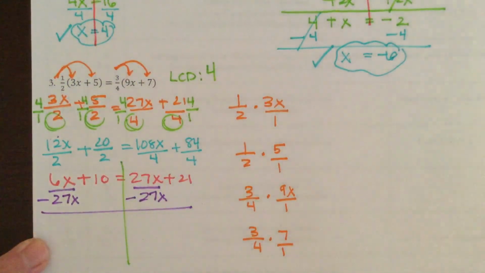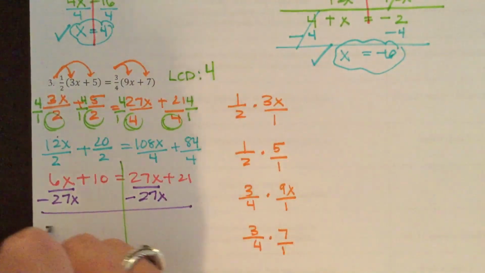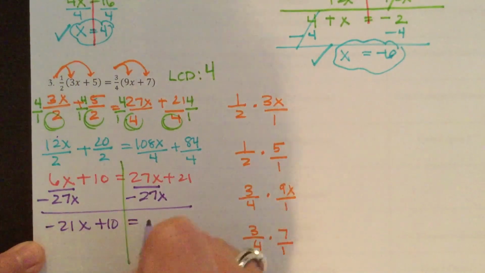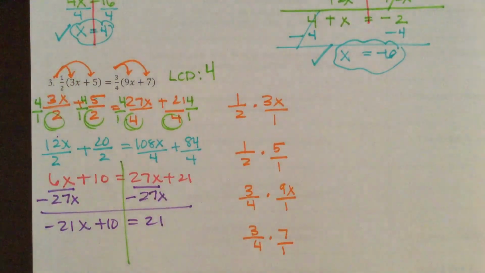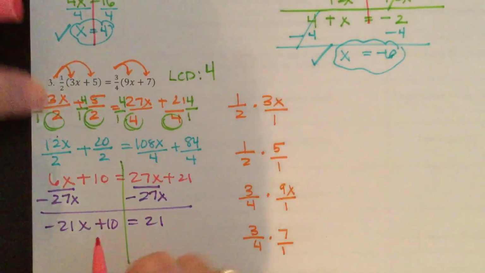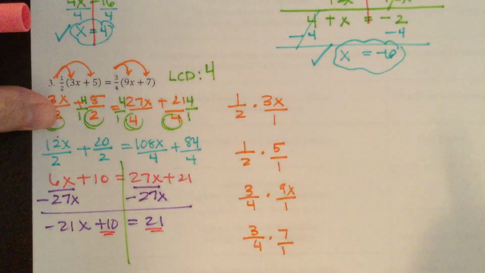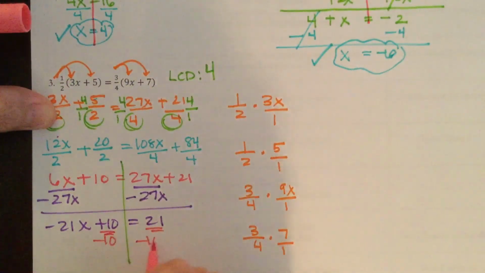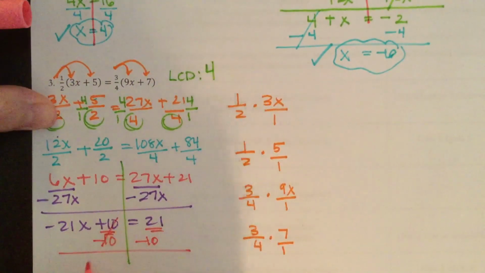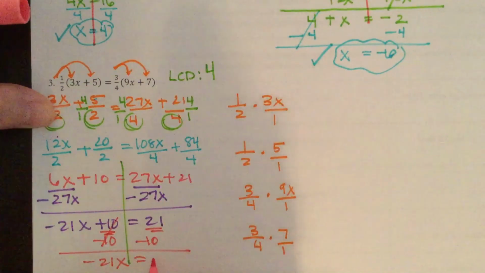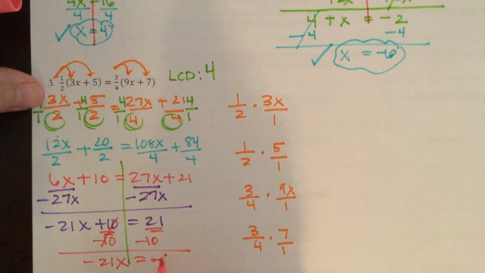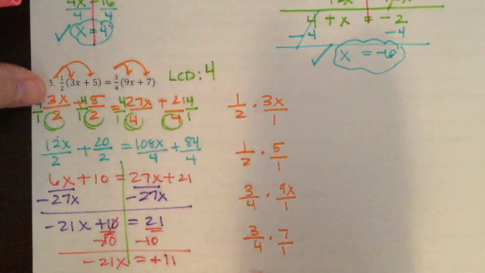So 6 take away 27 gives me negative 21x plus 10 is equal to 21. Continuing with the addition and subtraction, we are now going to move the 10, which is like terms, with the 21. Subtracting 10 from this side and this side, these cancel. Negative 21x is equal to positive 11.